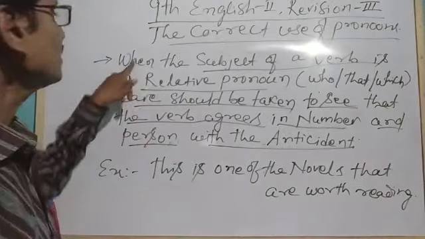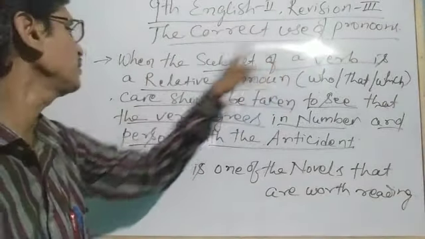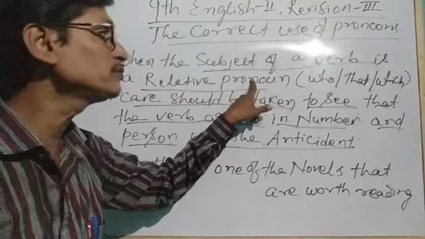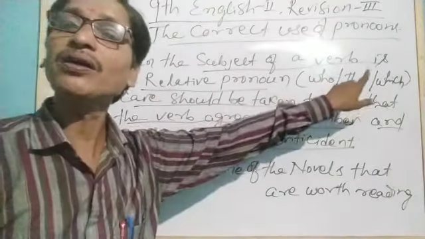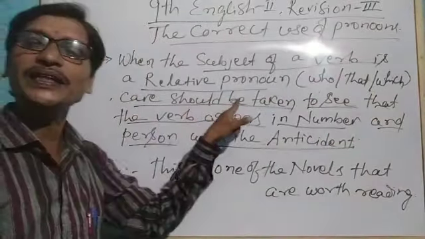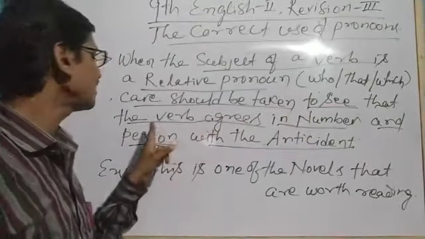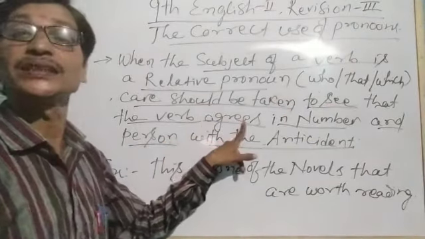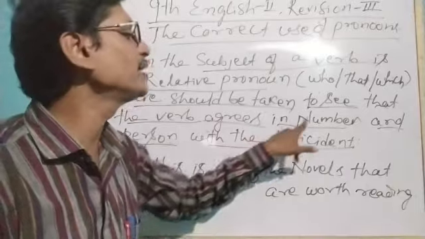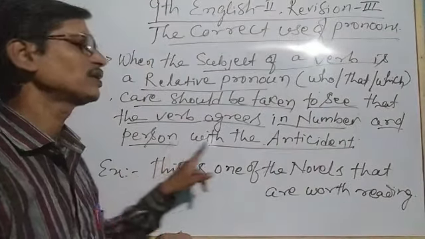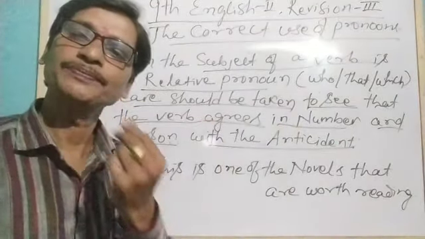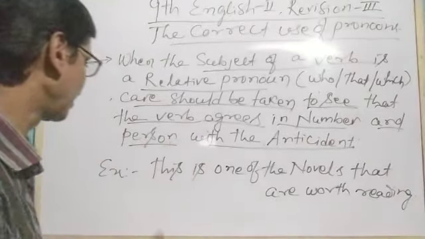What happens when the subject of a verb is a relative pronoun? That means who, that or which. Care should be taken to see that the verb agrees in number and in person with the antecedent. Here you see the example I have given here.